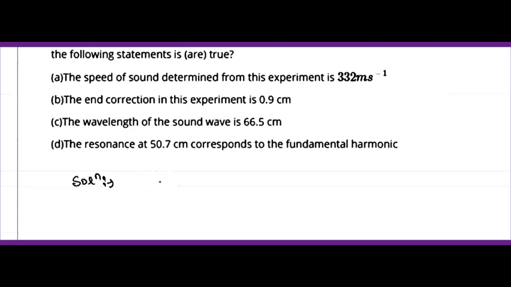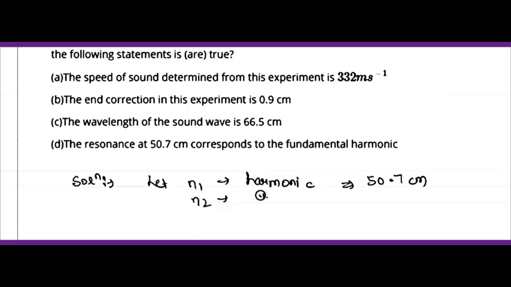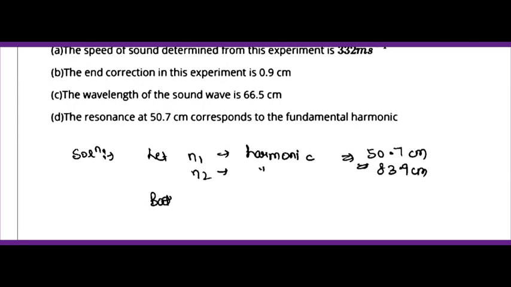So the solution of this question is: let N1 be the harmonic corresponding to 50.7 centimeter, and N2 be the harmonic corresponding to 83.9 centimeter. Both are consecutive harmonics, so their difference is lambda by 2, that is wavelength divided by 2.